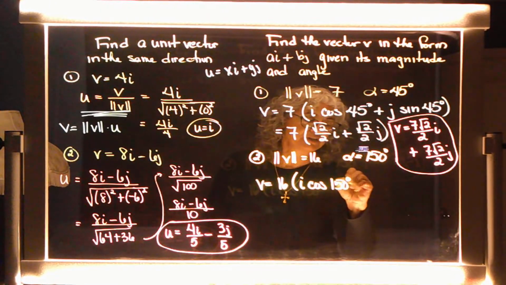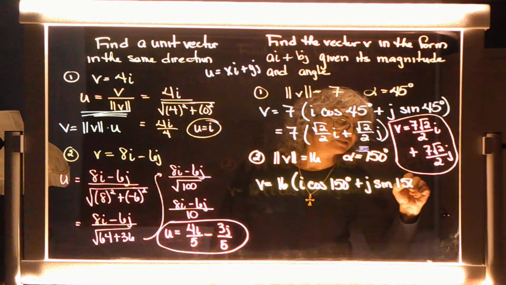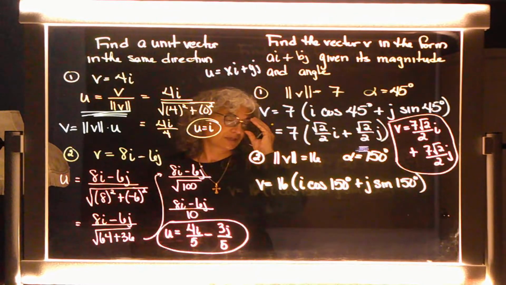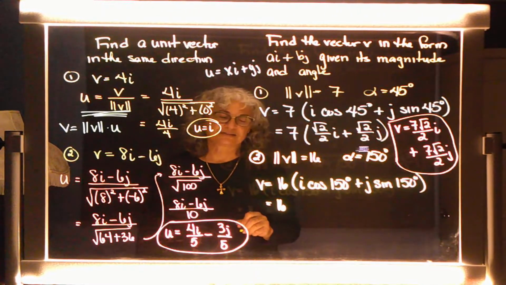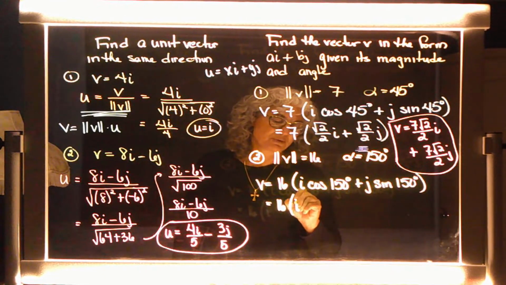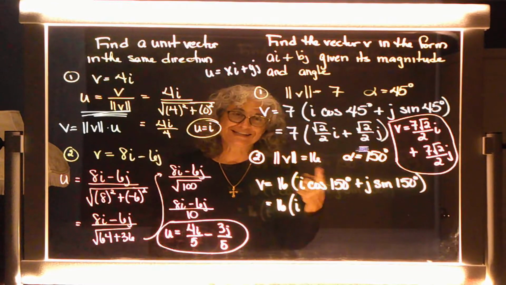So the cosine of 150 degrees plus the sine of 150 degrees. Okay, 150 degrees is in which quadrant? Excellent, it's in quadrant 2. Do you remember the reference angle? Good, 30 degrees.